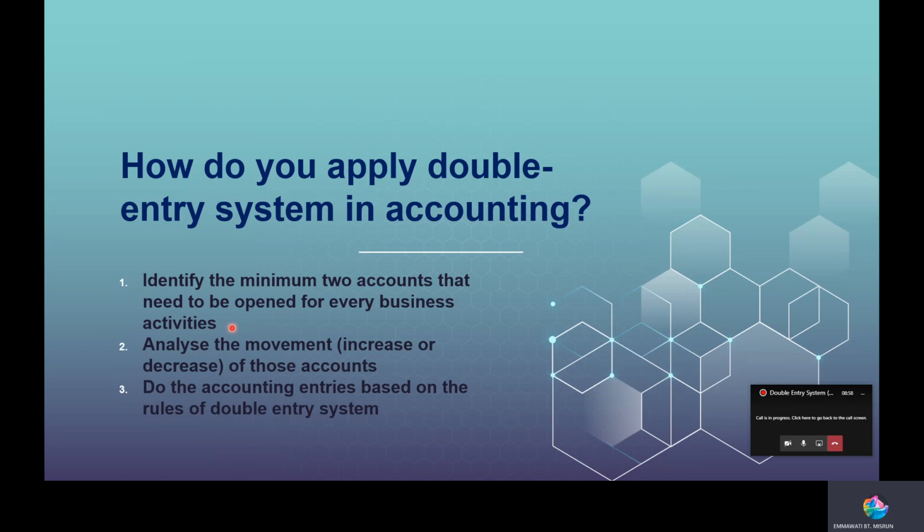So this is what I meant by dual effect just now. Kita kena mengenal pasti sekurang-kurangnya 2 account yang perlu kita buka bagi setiap aktiviti perniagaan. So this is the first thing that you need to do.